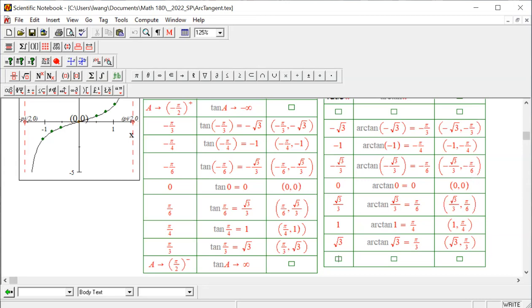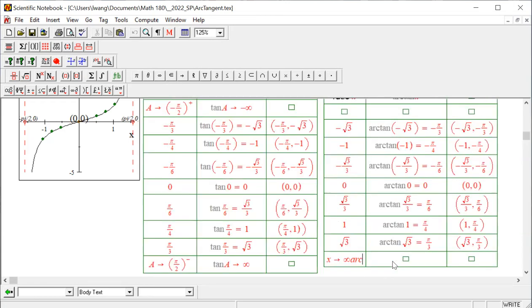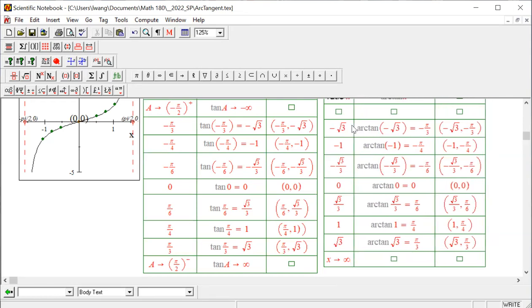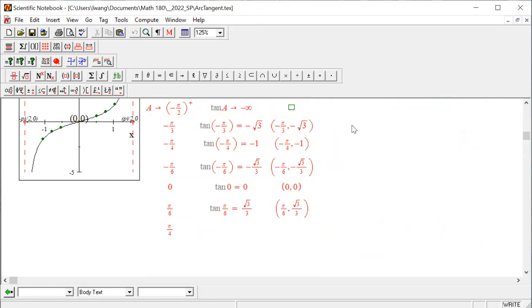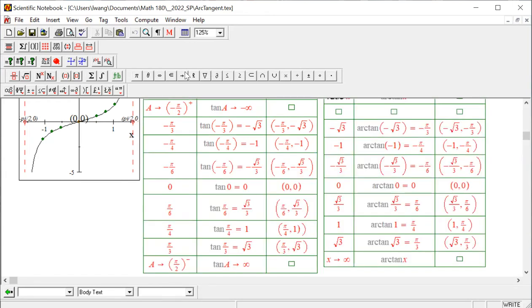So now to the end of it. What happened with these two swaps? Well, obviously when the ratio approaches infinity, because tangent is a ratio, what happens to arctangent? Arctan approaches pi over 2.